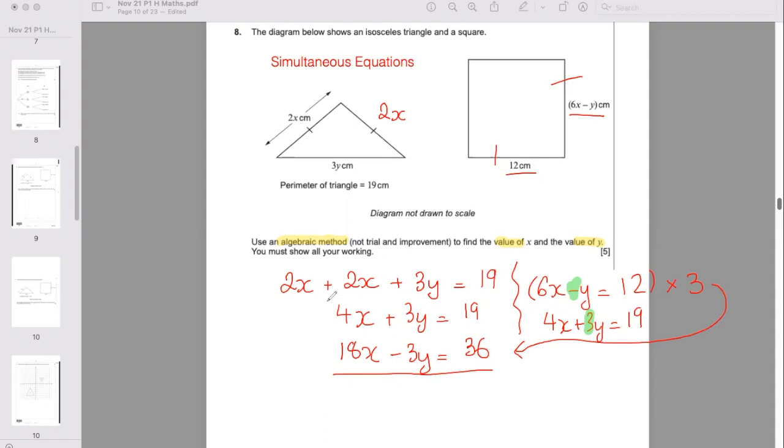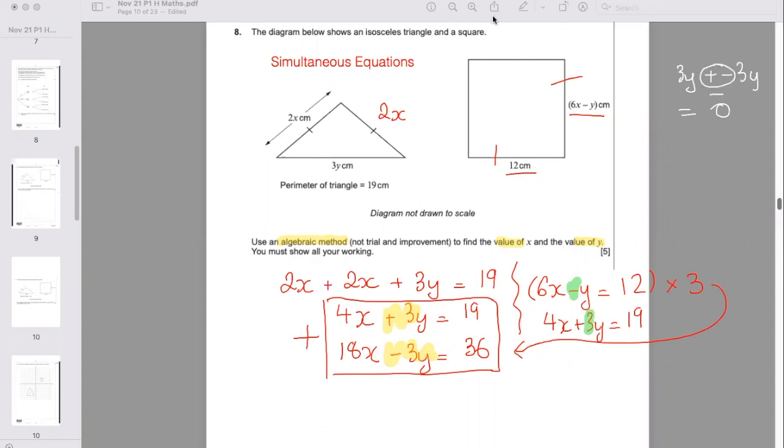If you look at these two equations here, one is +3y, and the other one is -3y. Now, if they are exactly the same, you're going to take away to get rid of it. But here they are opposite signs, so we're going to add them. Think about it. If you do 3y add -3y, that will be 0.